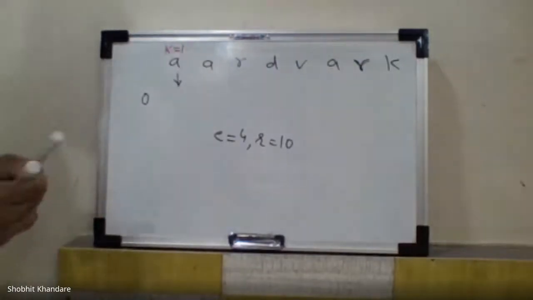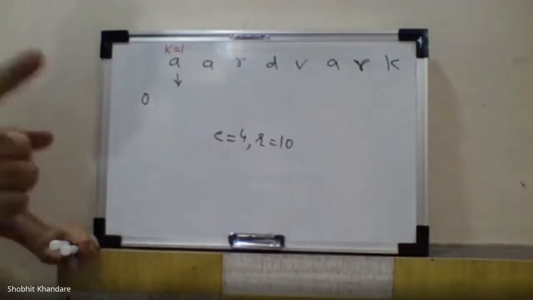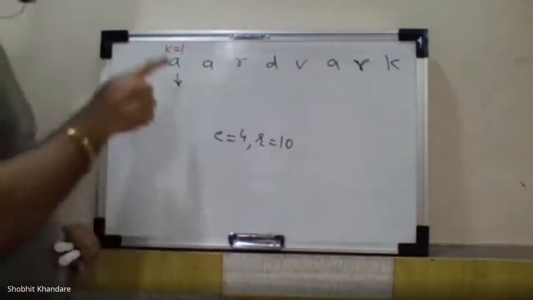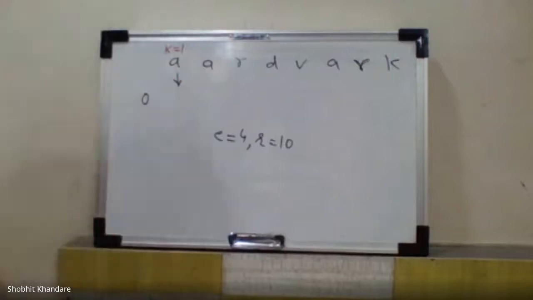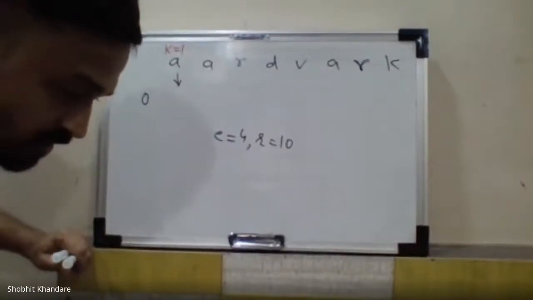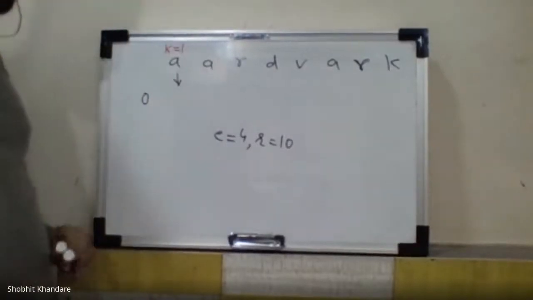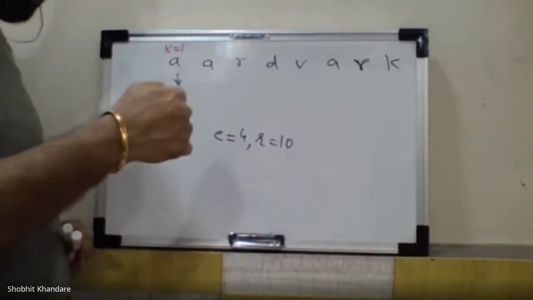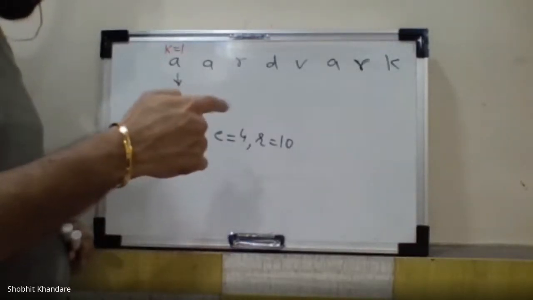I have told you it is the alphabet number, for the alphabets from A to Z. For A, the K value is 1. For B, the K value is 2. So for K equal to 1, we have to see whether it falls in 1 less than or equal to K, less than or equal to 2R.